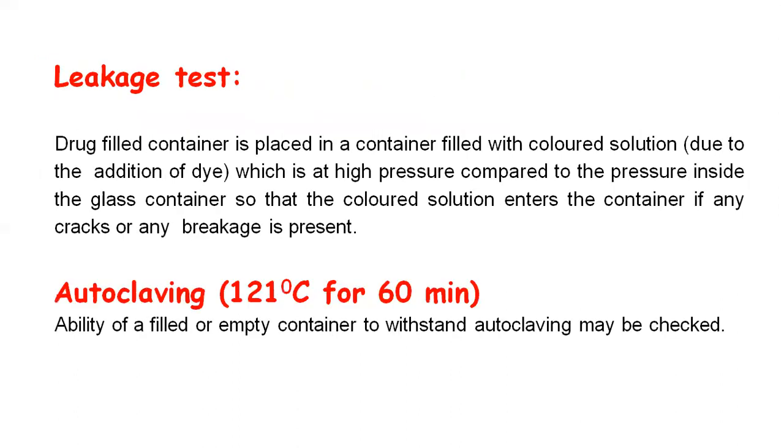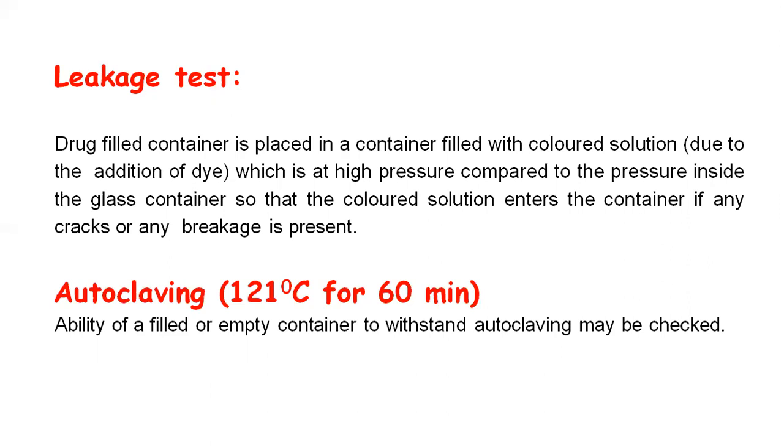Leakage test. A drug-filled container is placed in a container filled with colored solution, mainly methylene blue dye solution, which is at high pressure compared to the pressure inside the glass container, so that the colored solution enters the container if any cracks or breakage is present.